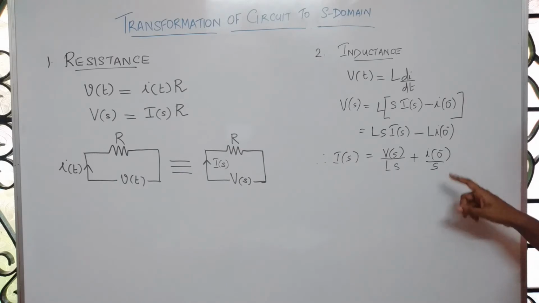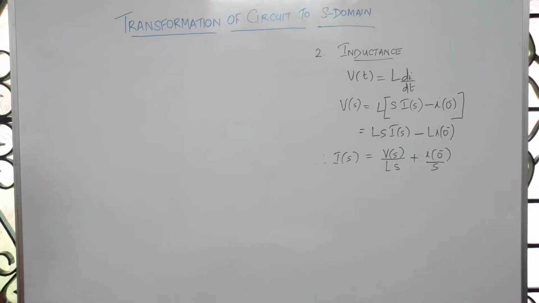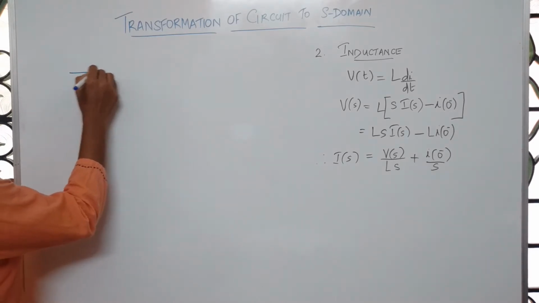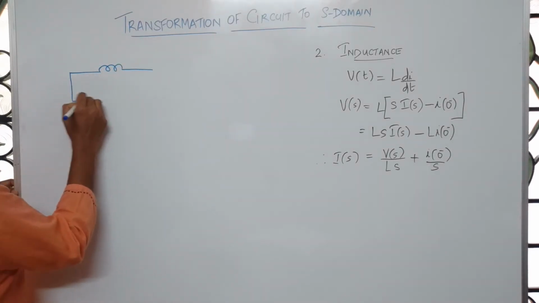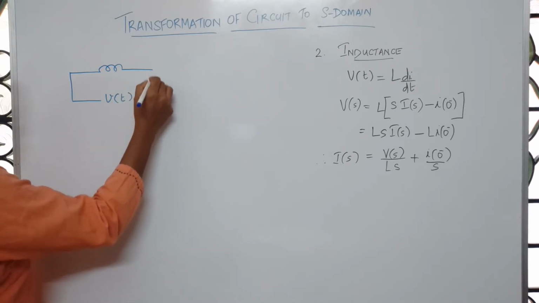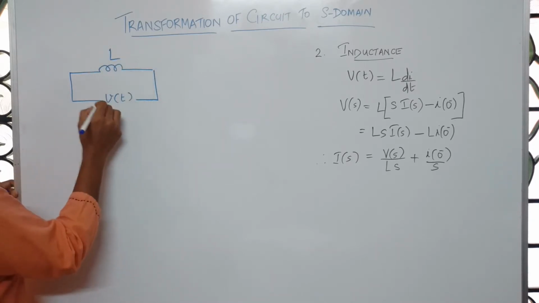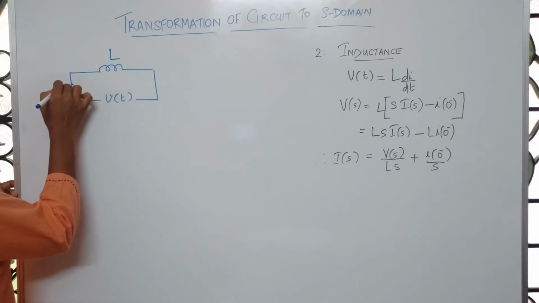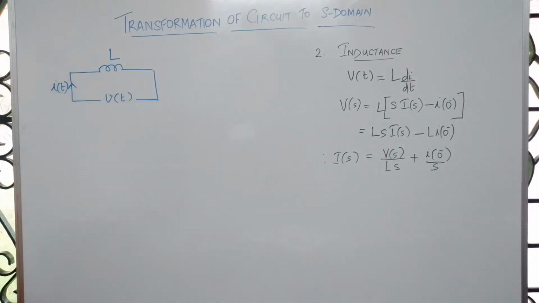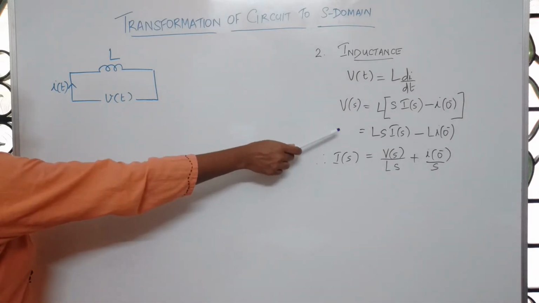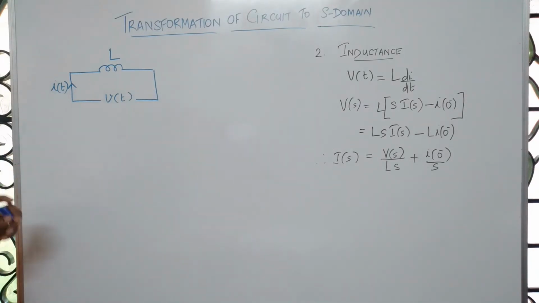Now we can represent it by a circuit diagram. In time domain we have an inductor across which a voltage V of t is applied, resulting in a current I of t. This is the time domain representation. Now how can we represent it in S domain? In S domain, the equation is V of s equal to Ls into I of s minus L I of 0 minus.